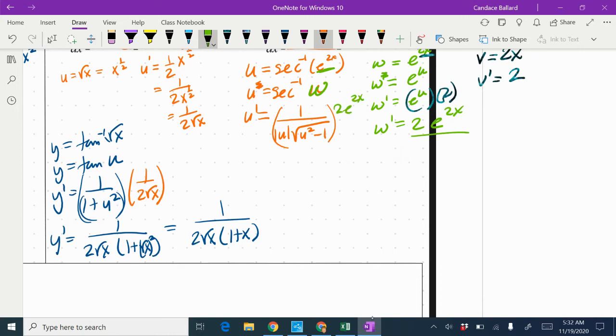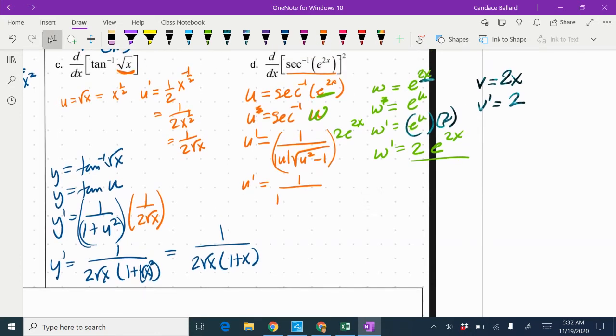So u prime equals 1 over the absolute value of my w, sorry, I should have used w, not u. So these should have been w's. So my w was e to the 2x.